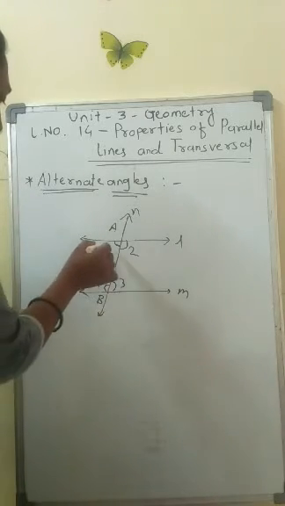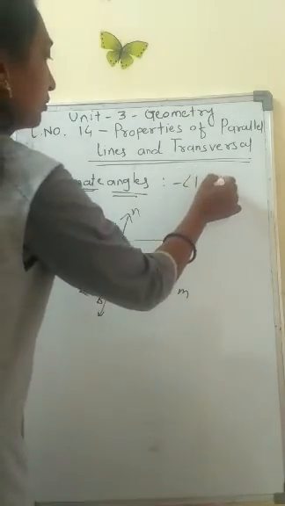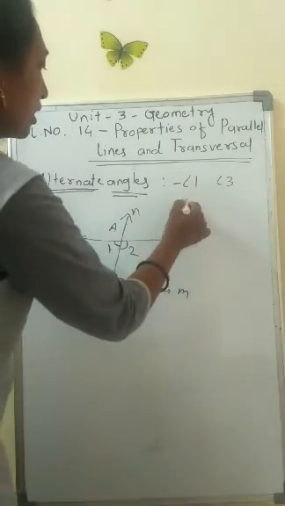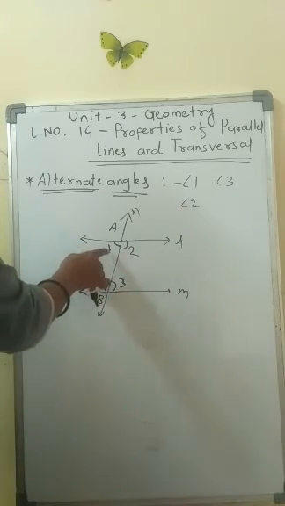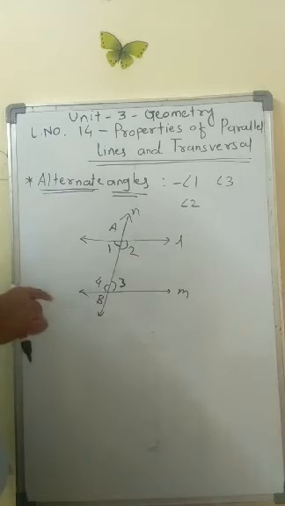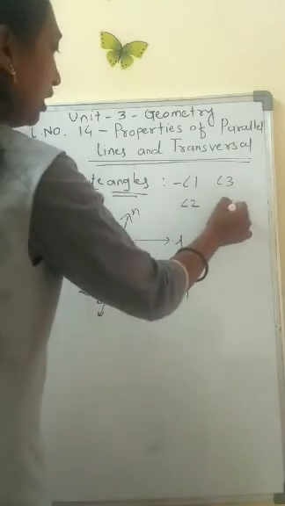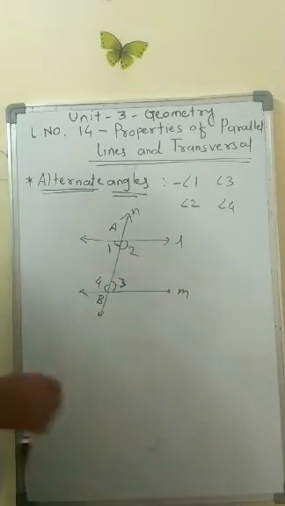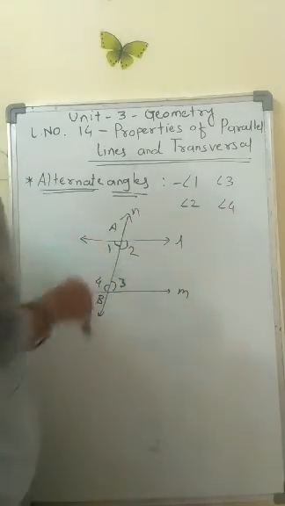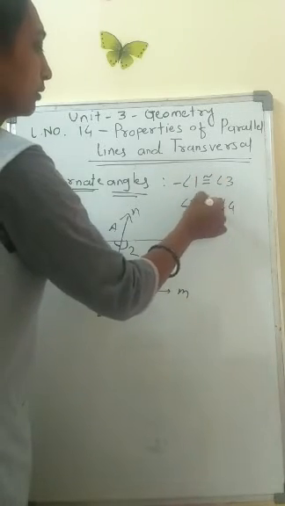It means that angle 1, angle 3, angle 2, alternatively one after another. That is why here angle 1 cannot be on the same side, and for angle 1 you also cannot take angle 2. Okay, angle 1, angle 3, angle 2 and angle 4: two pairs of alternate angles are formed, and they are congruent to each other.